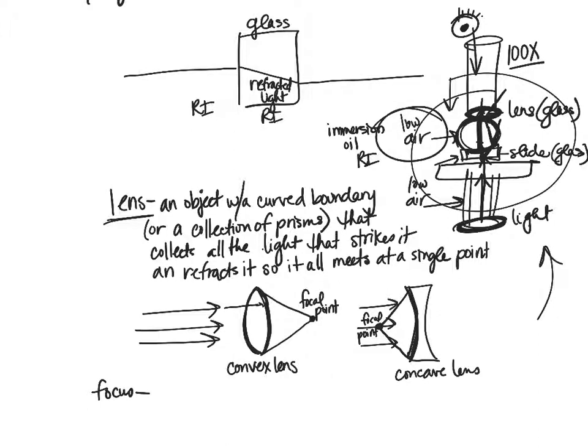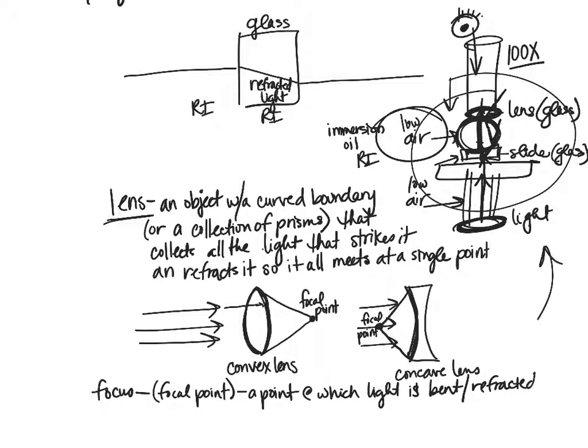So focus or focal point is a point at which light is bent or refracted, to use our correct terms here, refracted towards, and it's usually by a lens, because that's the point there.